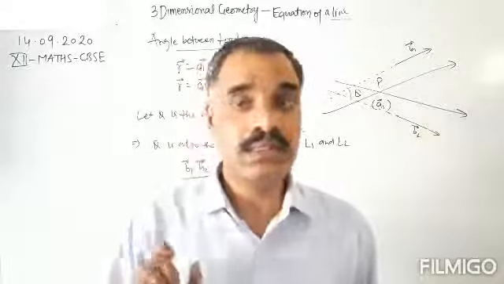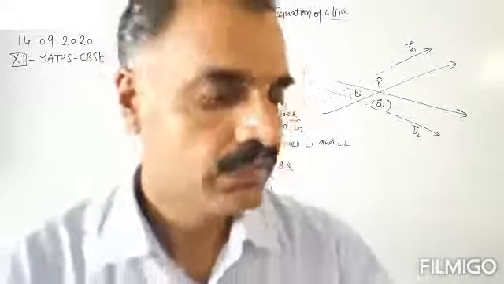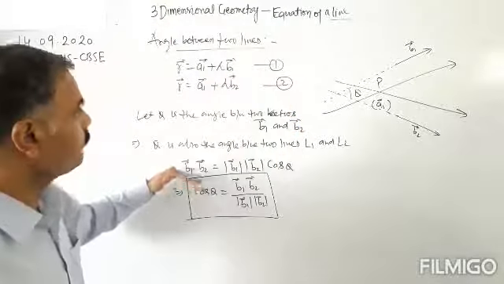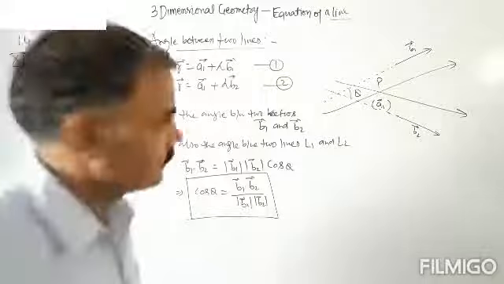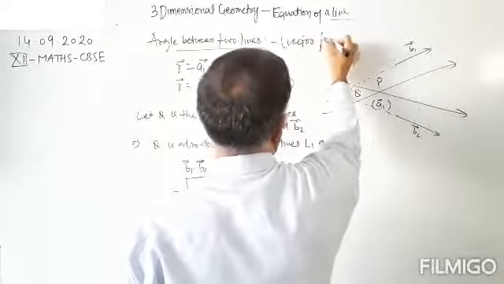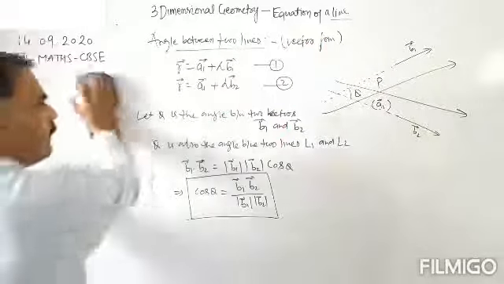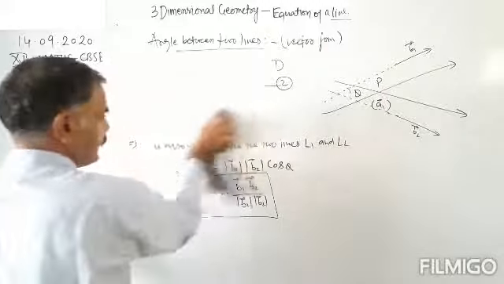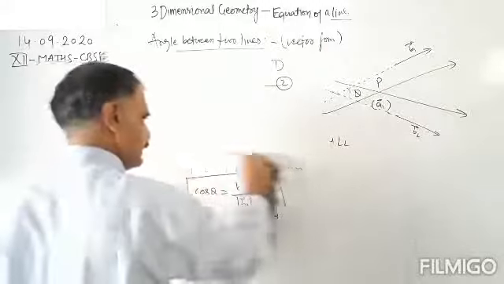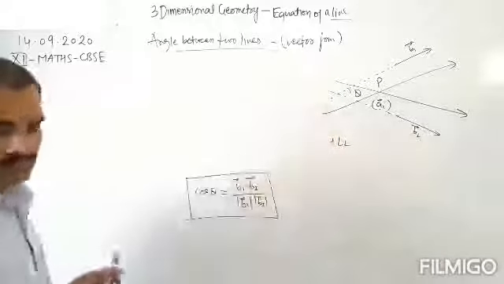Now we will convert this into Cartesian form or component form. So this is the vector form of the angle between two lines. Now we have to find the Cartesian form. So let us start with this formula, cos theta is equal to this.